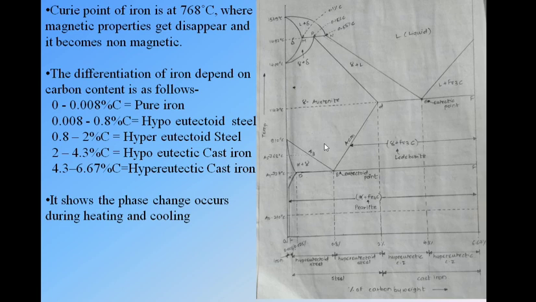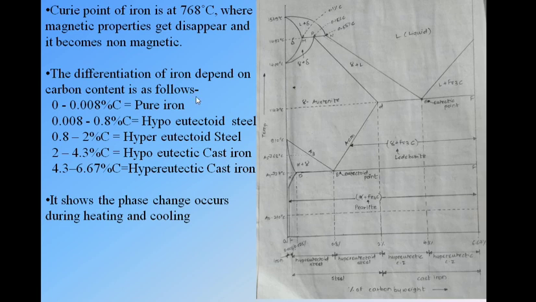Up to 768, all the phases present are magnetic in nature, and above 768 all phases present are non-magnetic. So alpha ferrite is magnetic, austenite is non-magnetic, delta is non-magnetic.